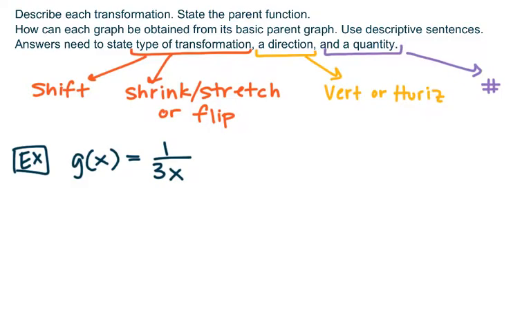For our last example here, we have that g of x equals 1/3x. Now, the parent here would be a rational graph, which is just y equals 1/x. And rational graphs, we haven't talked about those a lot, but they have this kind of hyperbolic behavior.